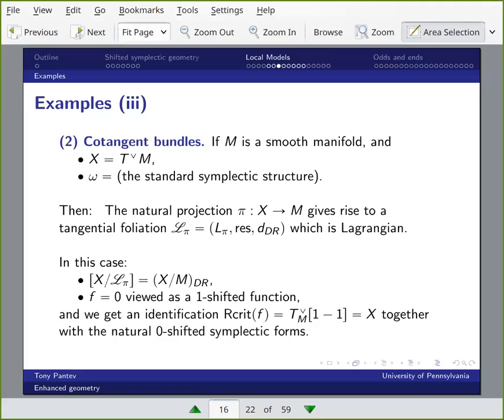By the way, Tony, your ground field has characteristic 0? Yeah, everything I did was over a ground field of characteristic 0. If you want to do it in positive characteristic, you can do many things, but of course you have to use different models.